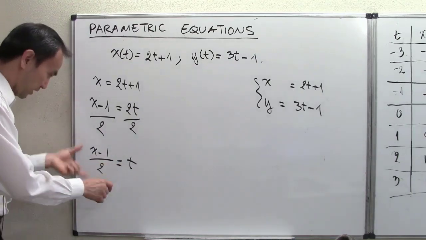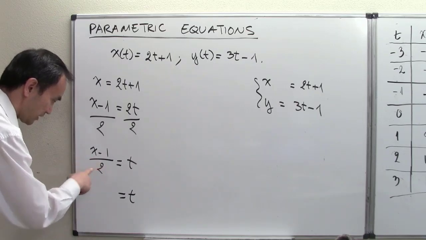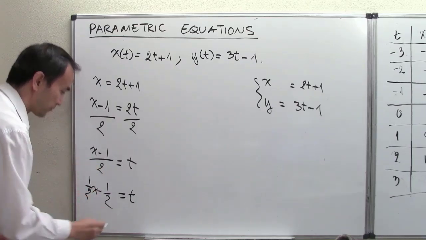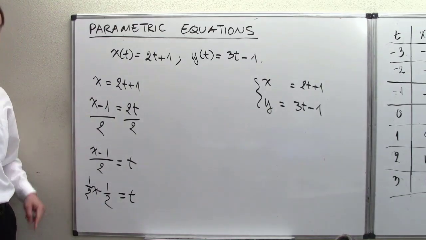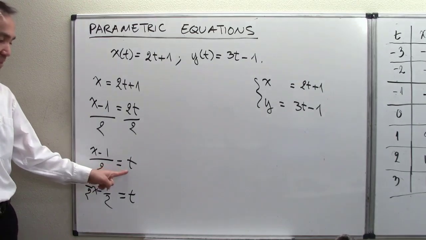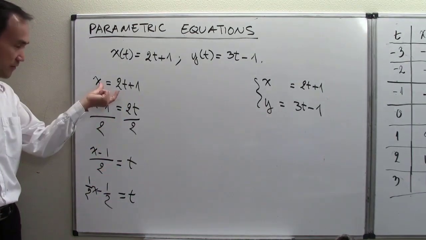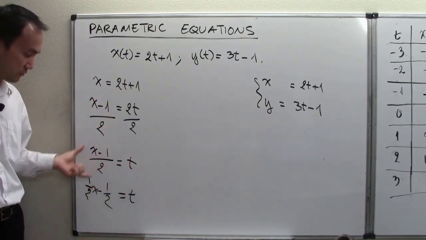Or you can write t equals, and turn this into two separate terms, 1/2 x minus 1/2. Those are just different ways of writing it, but both are fine. We have basically solved for t in terms of x from that first parametric equation.